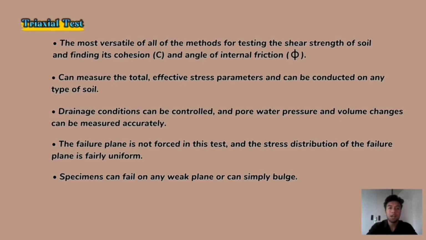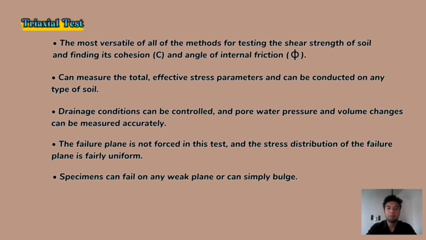Triaxial test. The triaxial shear test is the most versatile of all of the methods for testing the shear strength of soil and finding its cohesion C and angle of internal friction theta. It can measure the total as well as the effective stress parameters and can be conducted on any type of soil.